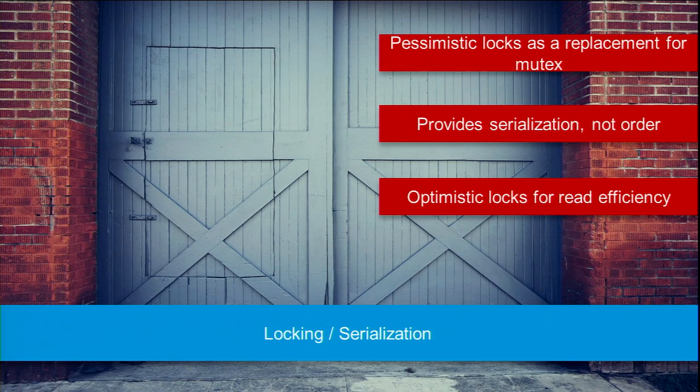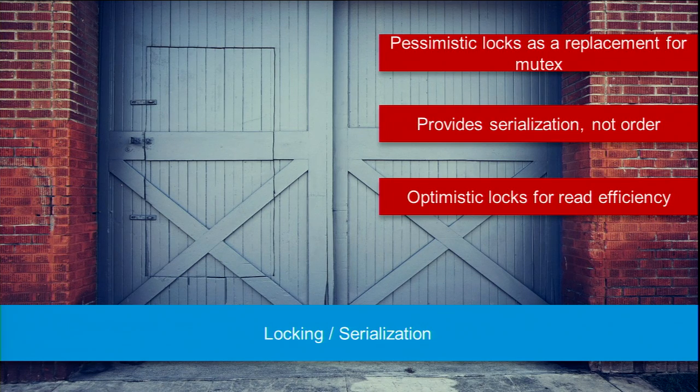Another thing to consider as you take an existing application and move it to use Couchbase: pessimistic locks are a reasonable enough replacement for mutex, but they provide serialization only, not ordering.